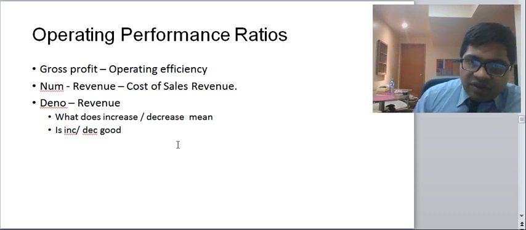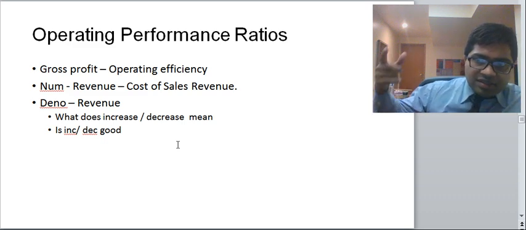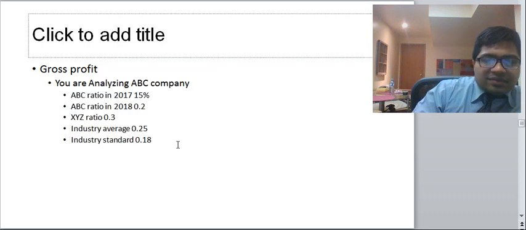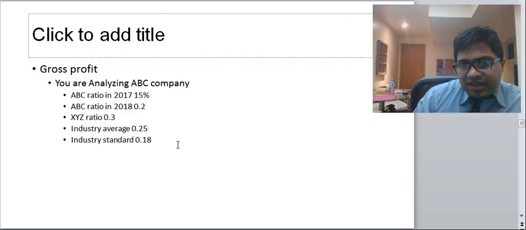Numerator you have revenue minus cost of sales, that is gross profit, and in denominator you have revenues. Increase is a good sign because it means you are retaining higher profits, and it also means that the management efficiency is good. Decrease is bad sign. So company's ratio in 2017 was 15%, in 2018 it was 0.2, that is 20%.